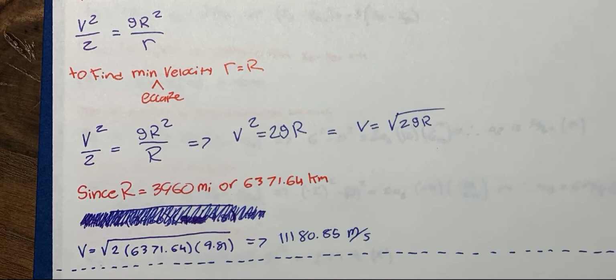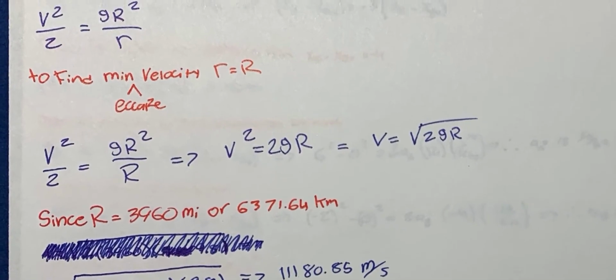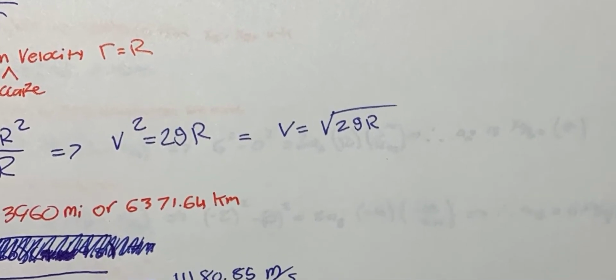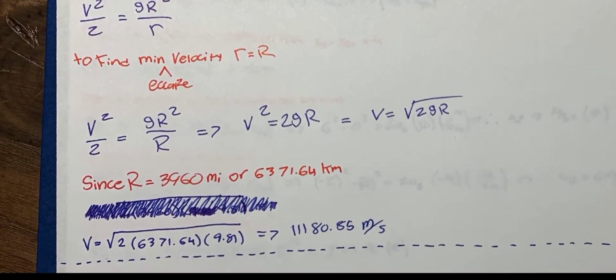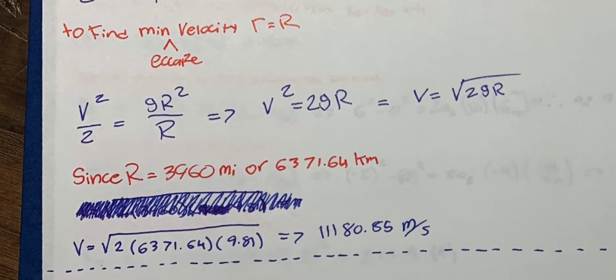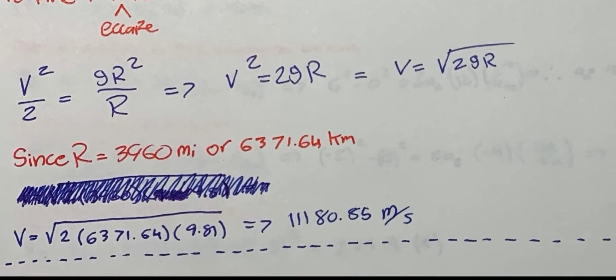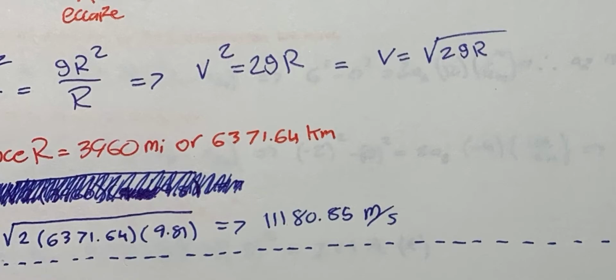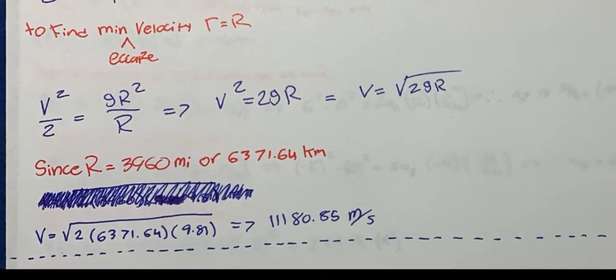If we set r equal to R, we come up with this equation here. And then we just plug in the numbers that were given, and we end up with 11,180 meters per second.